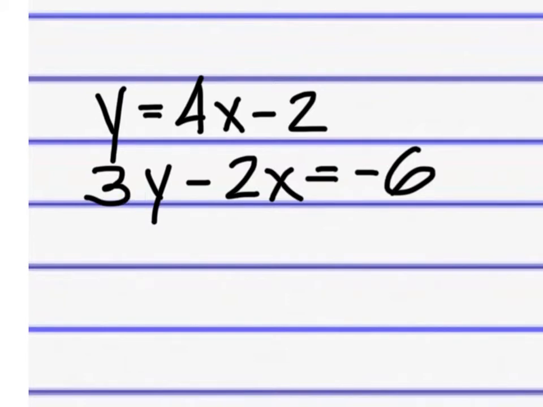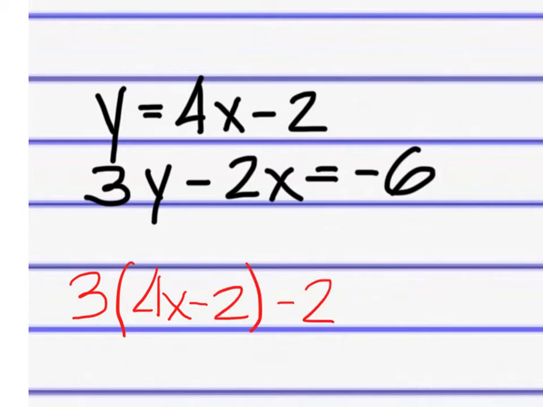It will happen like this. Instead of 3 times y, you will have 3 times the quantity of 4x minus 2. Close the quantity, and then minus 2x equals a negative 6. This expression has been entered here for y in a set of parentheses.